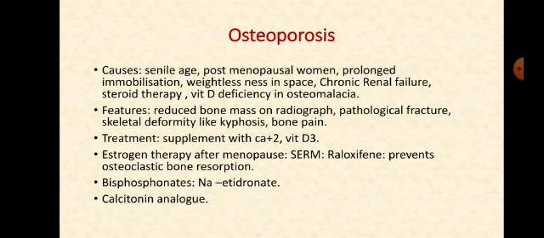Estrogen also stimulates production of TGF beta. TGF beta is a factor which increases apoptosis of osteoclasts. Osteoclasts undergo apoptosis by the action of TGF beta. So when TGF beta is absent, the osteoclast continues to play its role and more bone resorption results, which is the scenario in absence of estrogen.